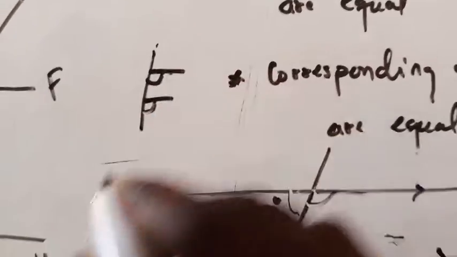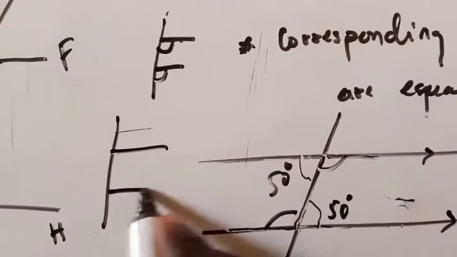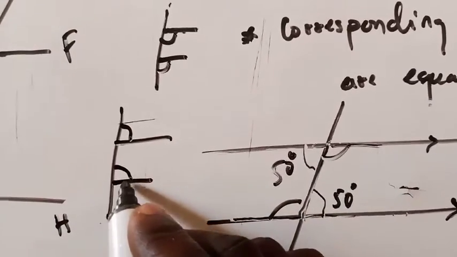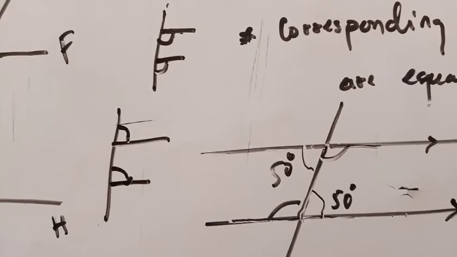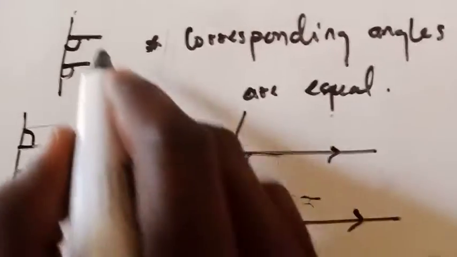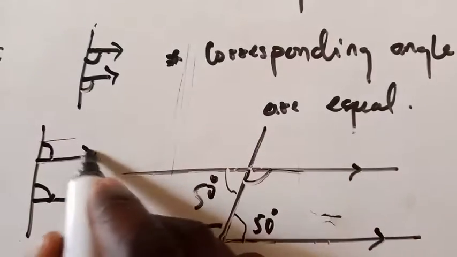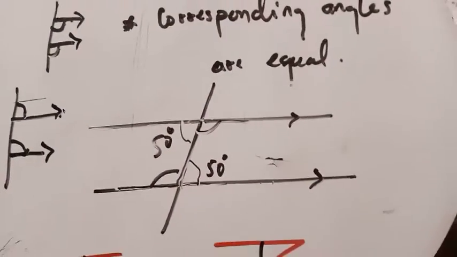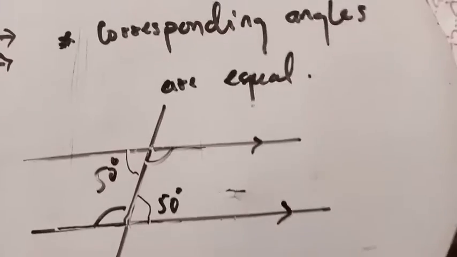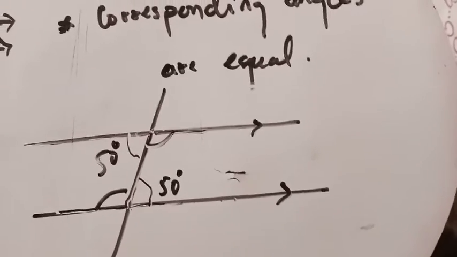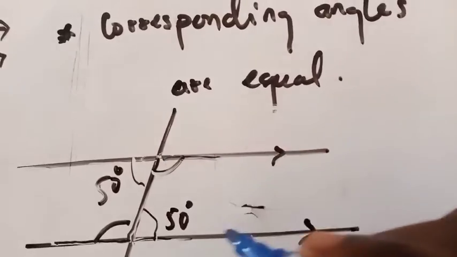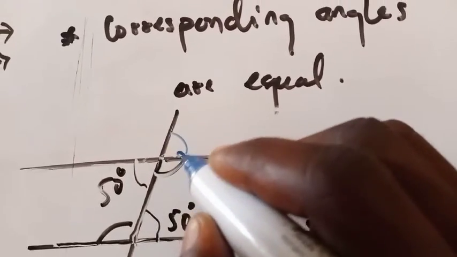Right, so the same also applies to the one on top. So if you have another one, the one on top here will also correspond to the one at the top here. Is that okay? So this happens if these two lines here are parallel, right? So if the two lines are parallel, that is where we can apply the corresponding and the alternate angles. Of course, here you can see clearly the angle at the top here.